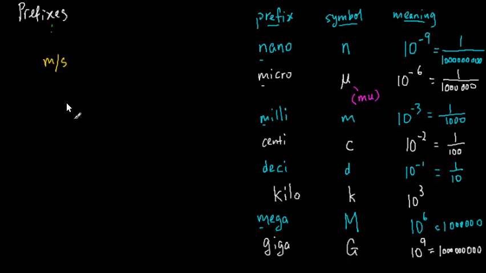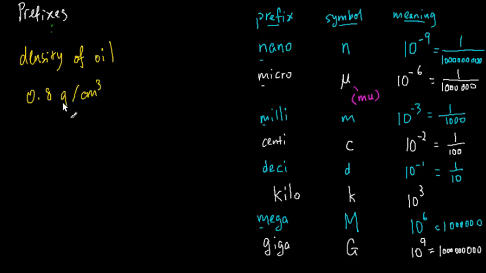Actually, I won't do velocity. I'm going to do something slightly more difficult. I'm going to do density. So let's say I want to look at the density of oil, and let's say that's equal to 0.8 grams per centimeter cubed.